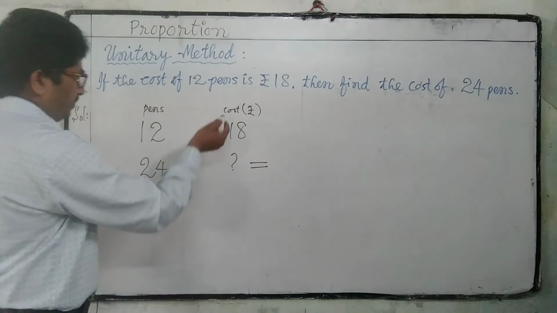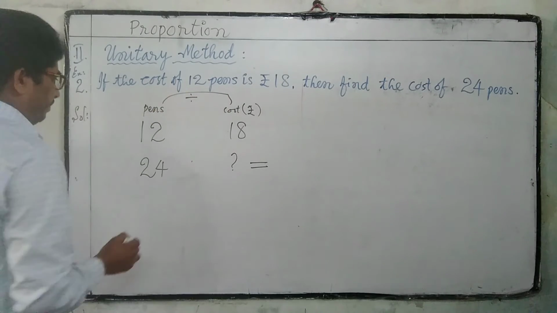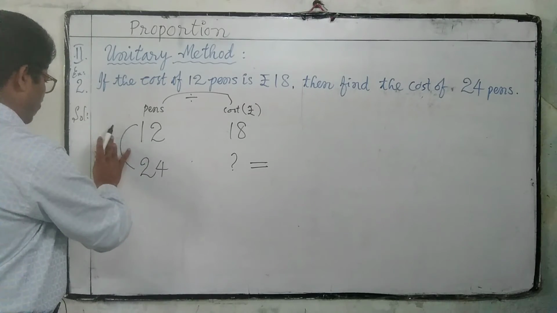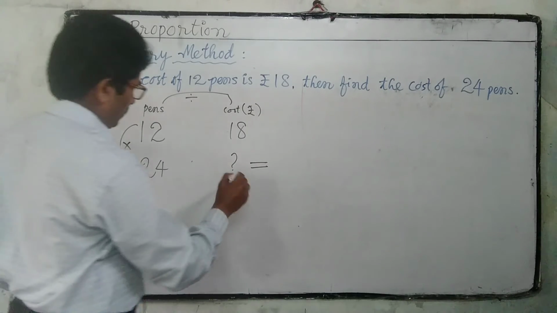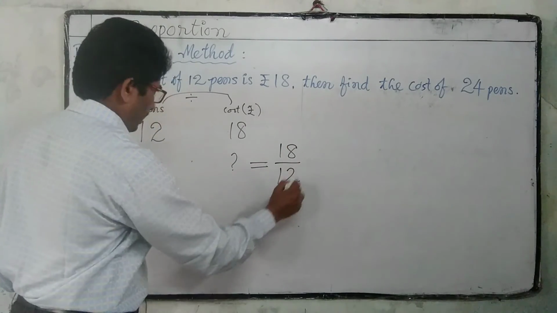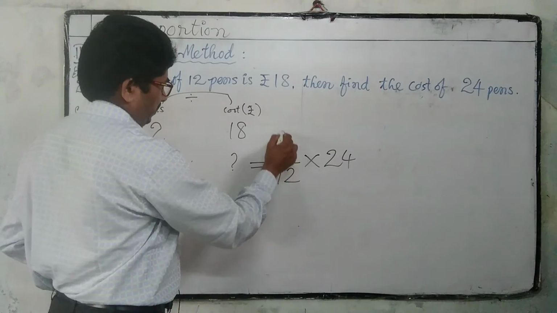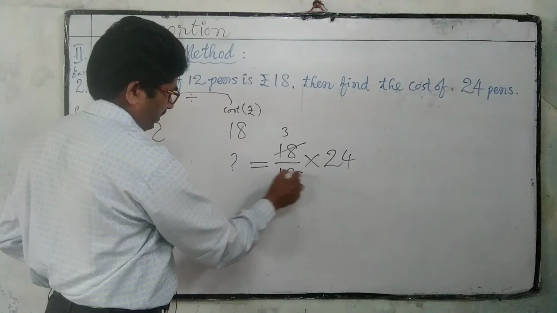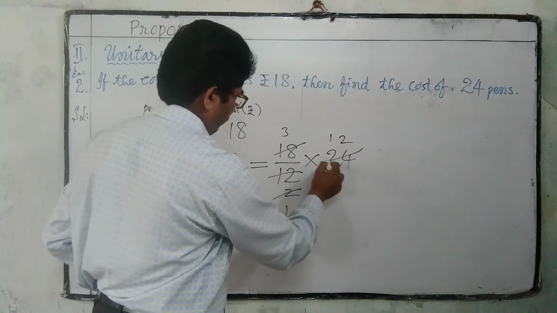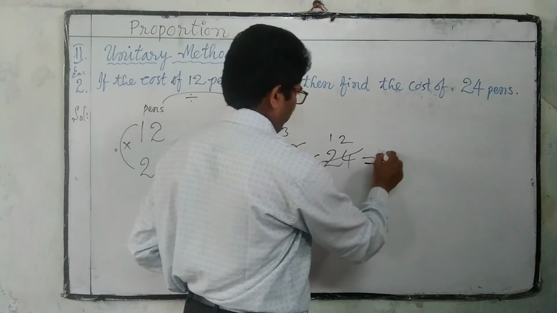So to solve this, we have to divide this 18 by 12 and multiply with 24. 18 by 12 into 24. 6 threes are 18, 6 twos are 12, 2 ones are 2, 12 threes are 36.